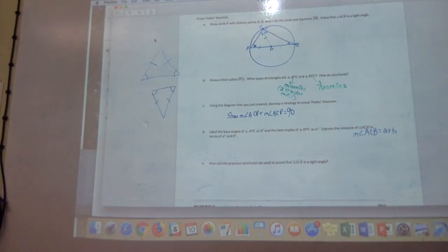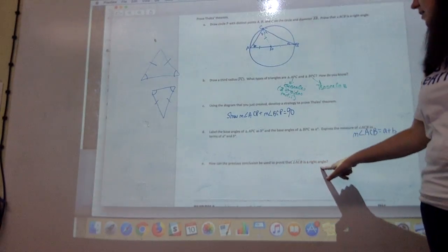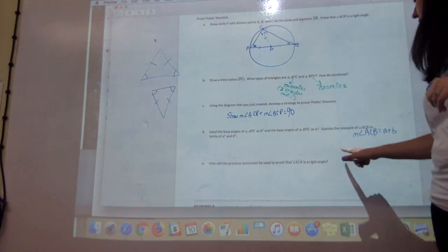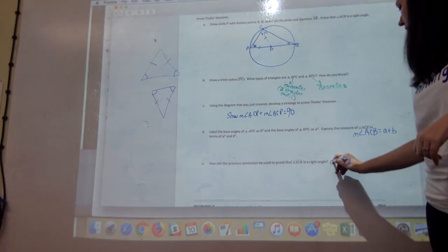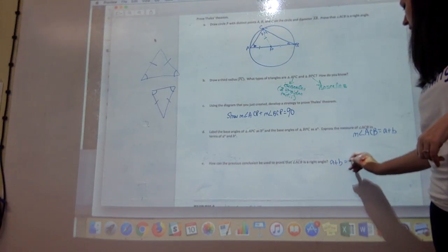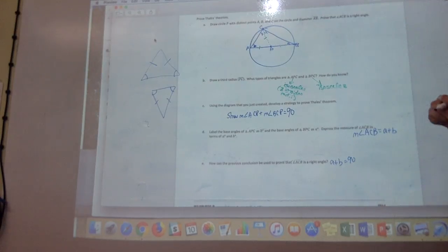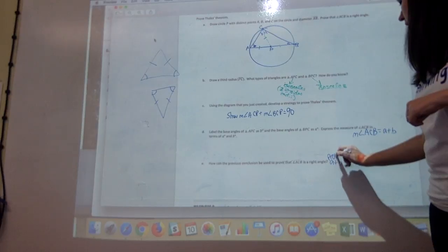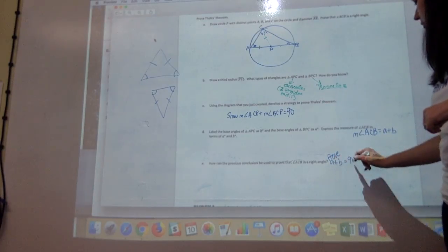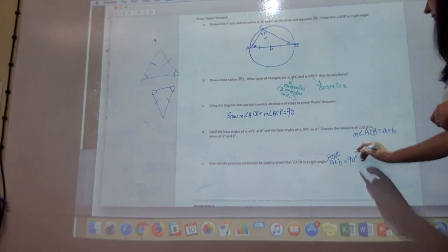Yes. Okay, so I want to show that it is a right triangle. So that means I want A plus B to equal 90 degrees. So I want to prove that A plus B is 90 degrees.